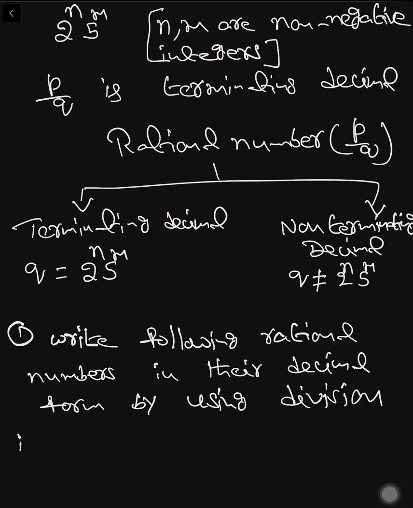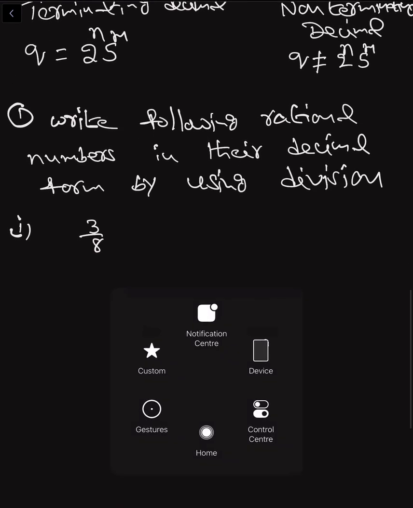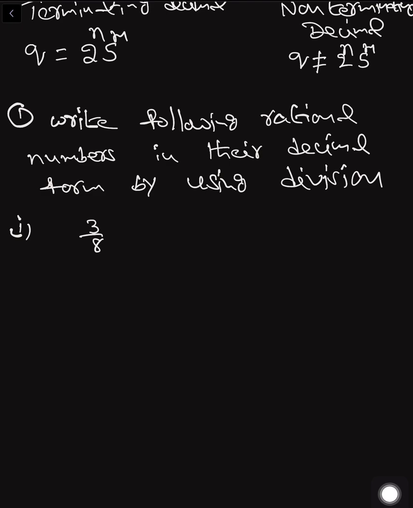First, 3 by 8. Here, simply you can divide 3 by 8. So 3 is smaller than 8. Put 0 in the quotient and put a decimal, write 0. 8 3s are 24.